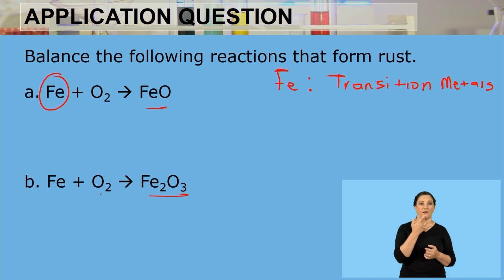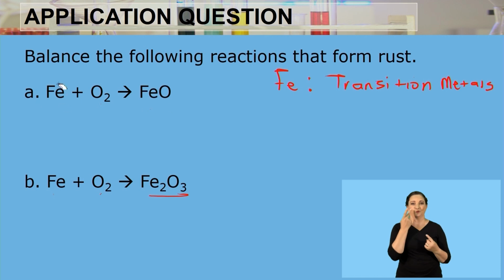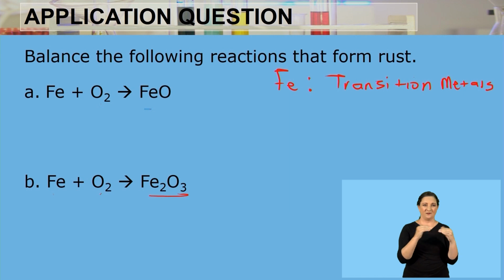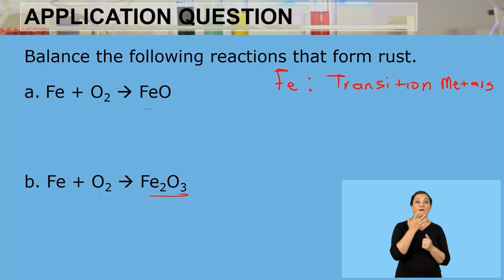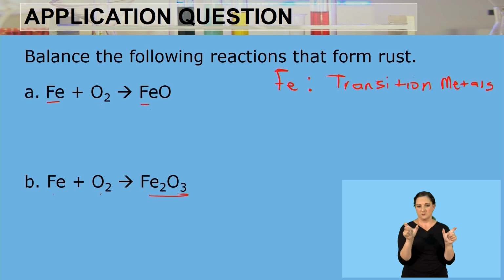So let's balance this chemical reaction using iron 1, and then balance the next one using iron 2, and you will see how it is different in terms of the ratio. To balance this chemical equation, we need to count the number of atoms on the left-hand side and the right-hand side. They need to be equal. Looking at this, iron: we have one on the left-hand side and one on the right-hand side, so the iron is balanced. But oxygen: we have two on the left-hand side and one on the right-hand side.